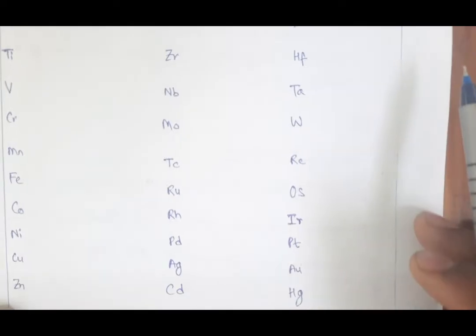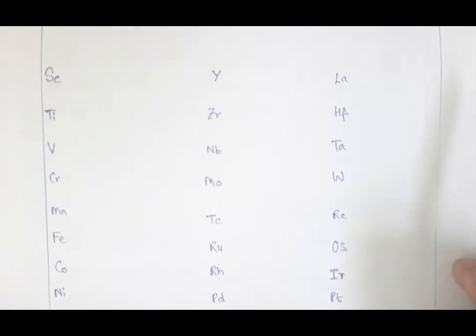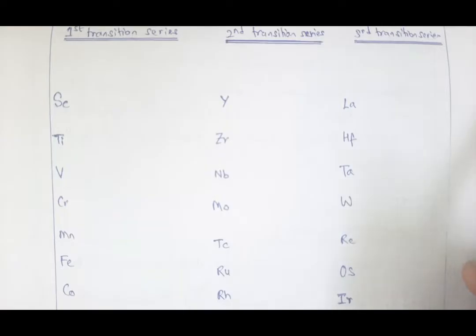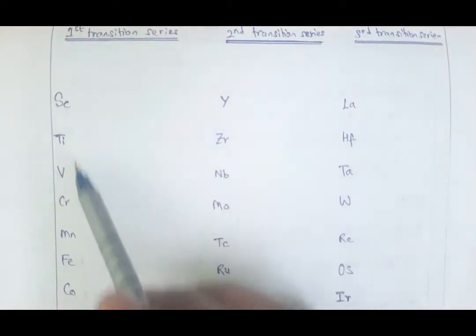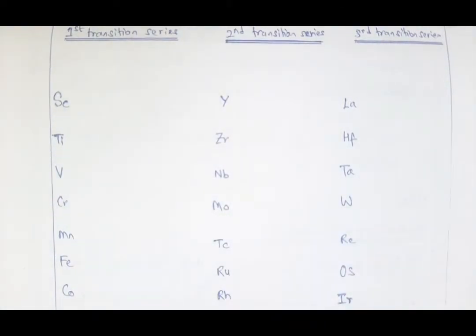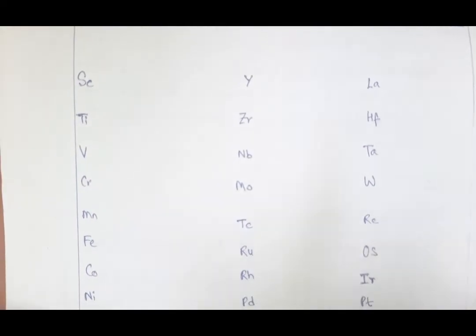Hg means mercury. But out of these 3 series, we have to give more focus to the first transition series, and that also you have to remember the names in sequence. Not only that, you need to remember the atomic numbers also.